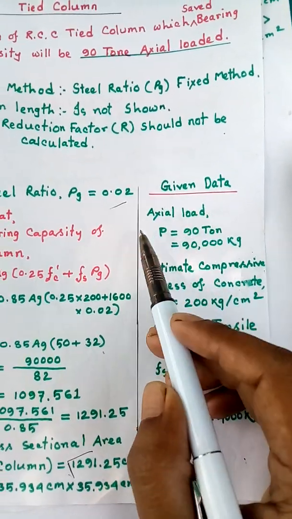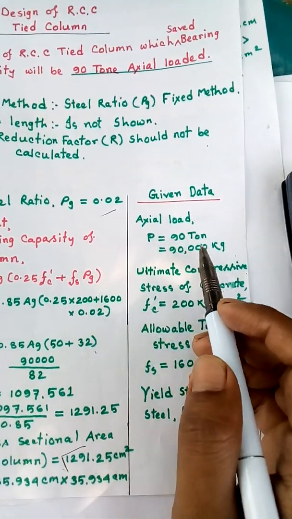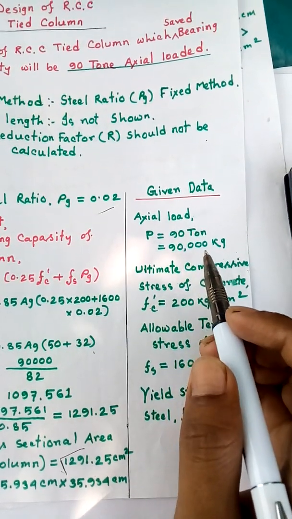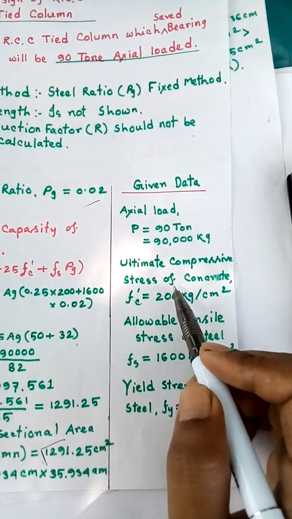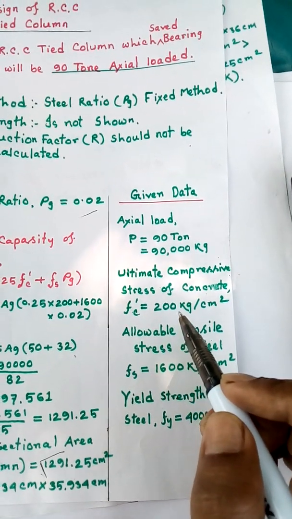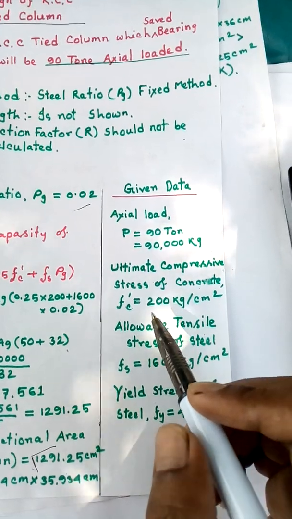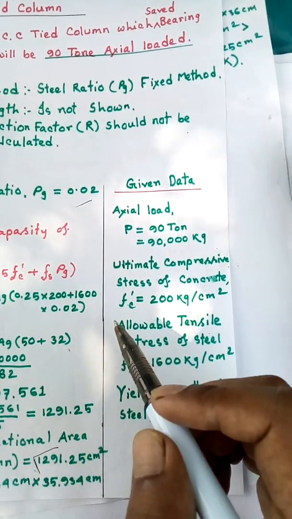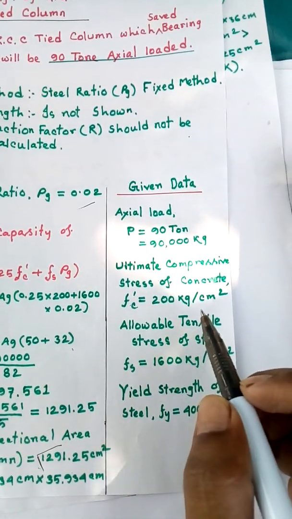Then the given data: axial load P equal to 90 ton, which bearing capacity will be 90 ton, 90,000 kg. Ultimate compressive stress of concrete A prime C equal to 200 kg per square centimeter.